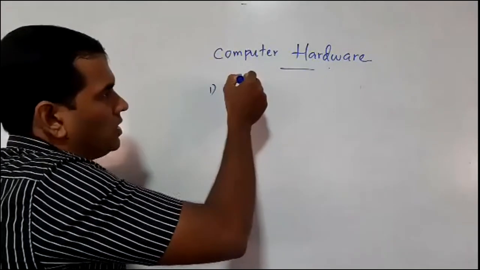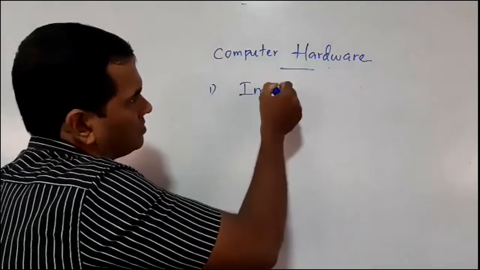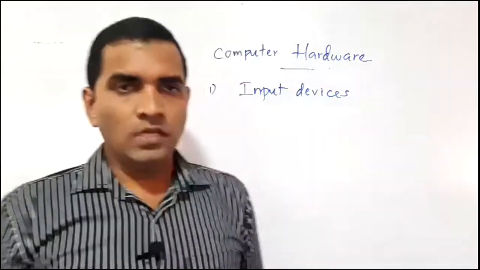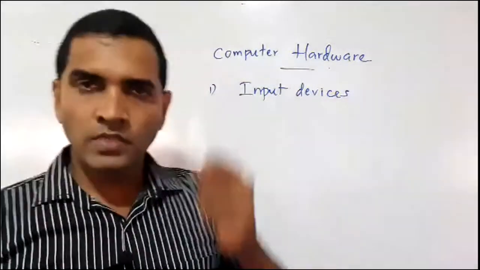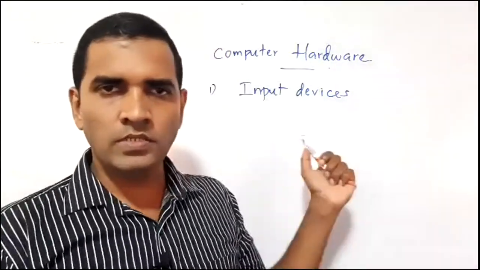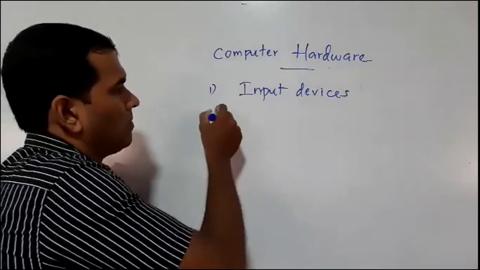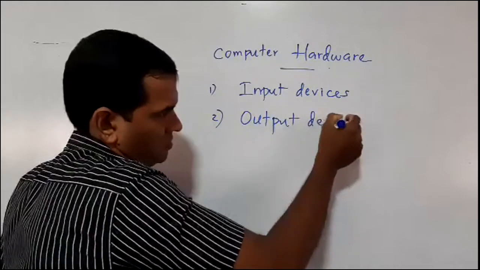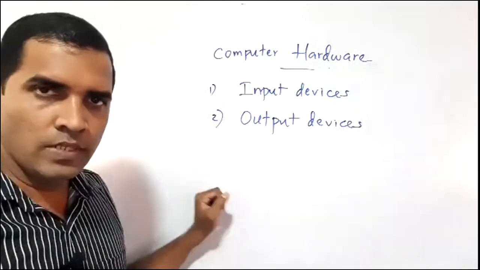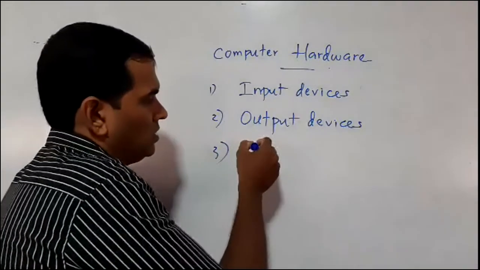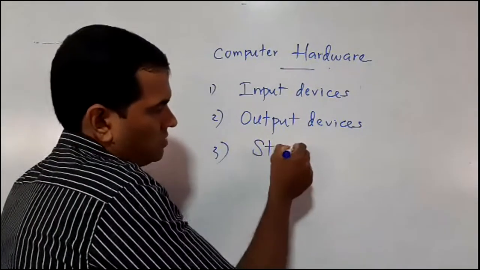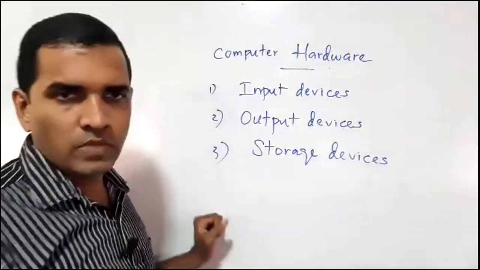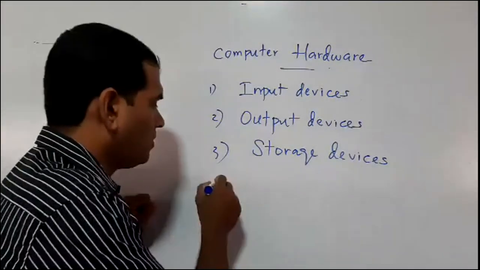The first one is called input devices. You could have learned such things in previous grades, right? Input devices, I will explain. Second, output devices. Third, storage devices.